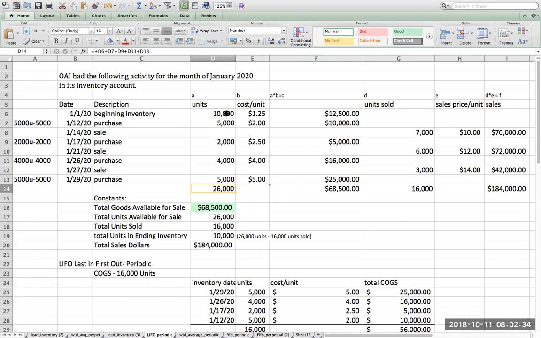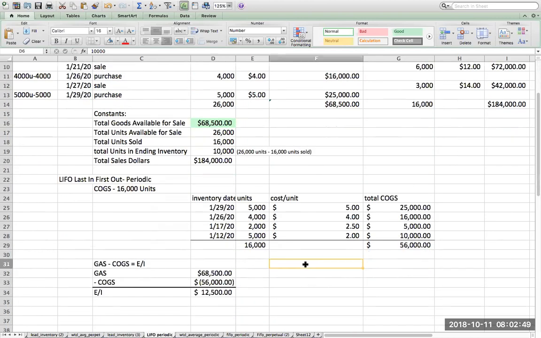If I look at this, I say, well, wait a second, I have 10,000 units in my ending inventory. Under LIFO periodic, the units remaining in my ending inventory will be really my first units.